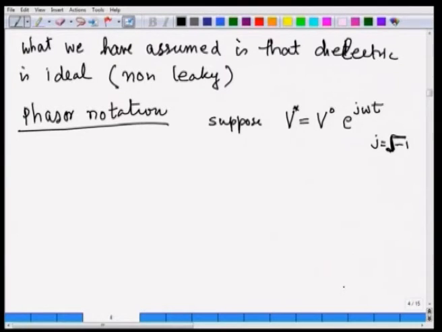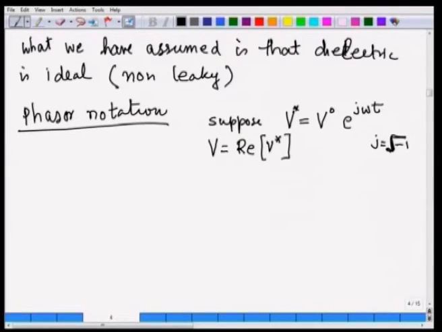So what is the voltage that we have applied? The voltage that we have applied is actually V, which can always be generated by taking the real part of V star, V complex. That is the voltage we applied.